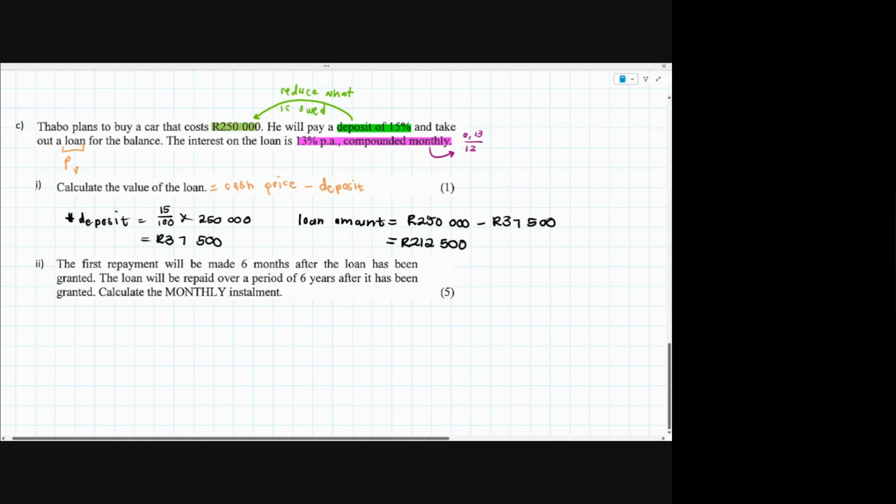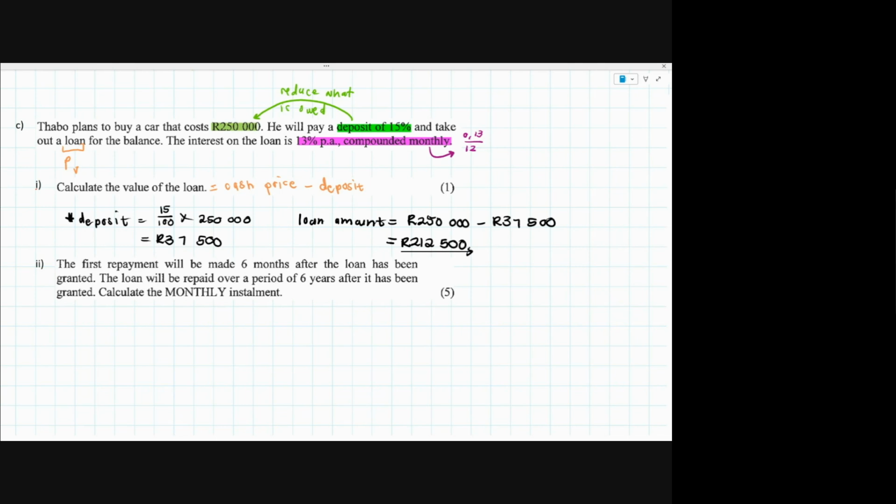Rand. So you're really only going to get a mark for this answer here, which fair enough, right? Because this is very much a grade 9 concept, but understand how to do it. You take the deposit and you subtract it from the cash price. You can do it all in one go. You can just write down the answer, 1 mark, no problem. Nice, Ayla, I'm glad we're on it.